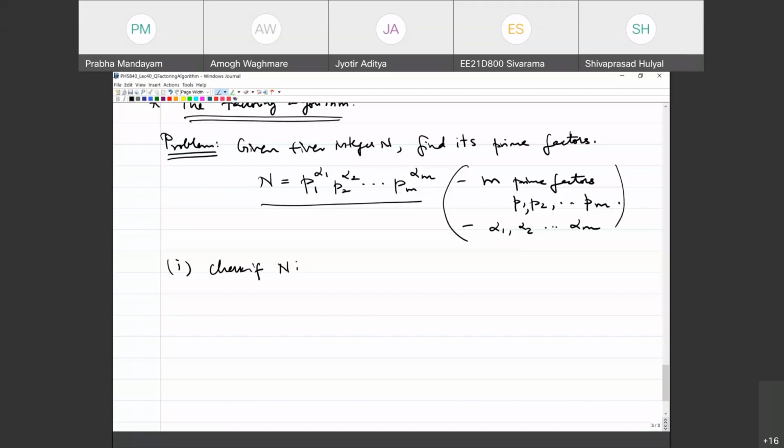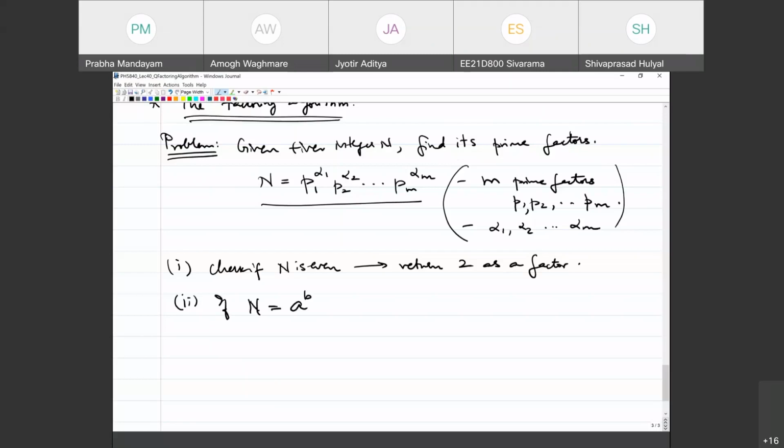If it is even, return 2 as a factor, and then keep doing this until you exhaust powers of 2 and powers of 3 and so on. More generally, n could simply be of the form a to the b.